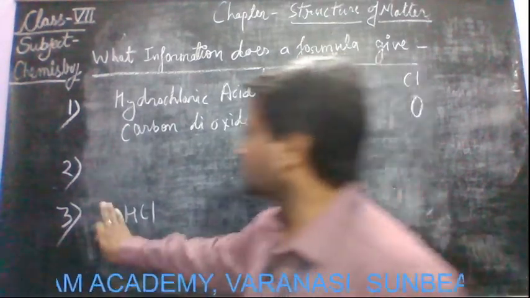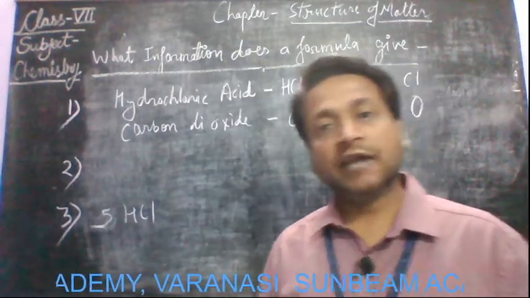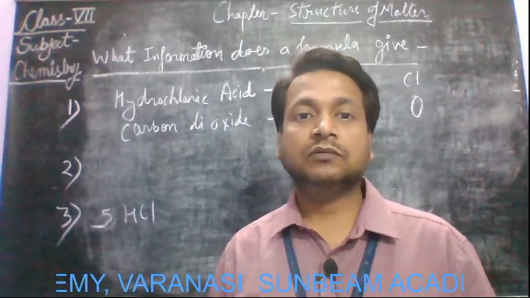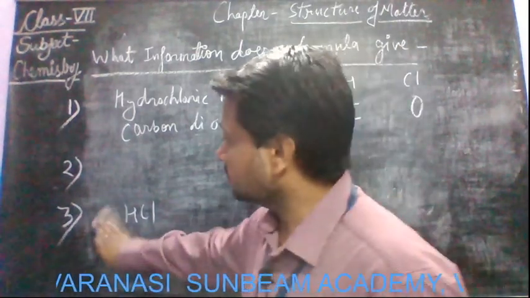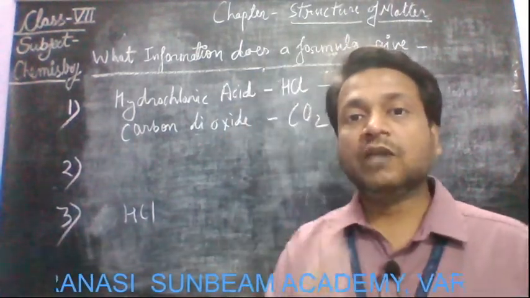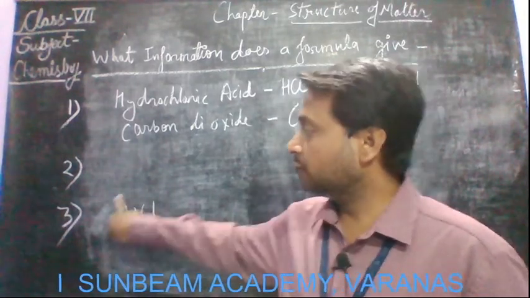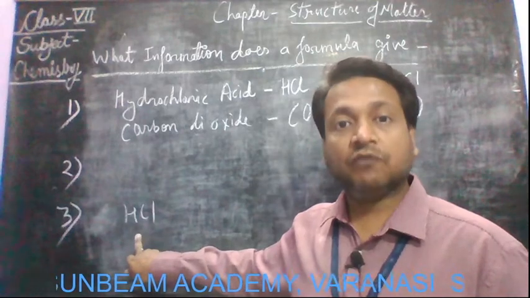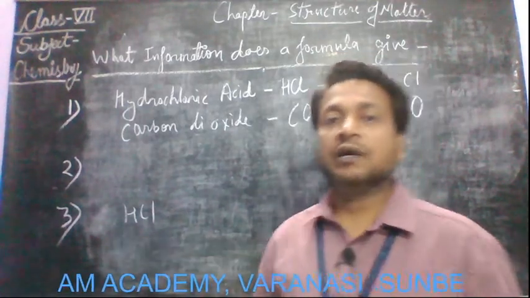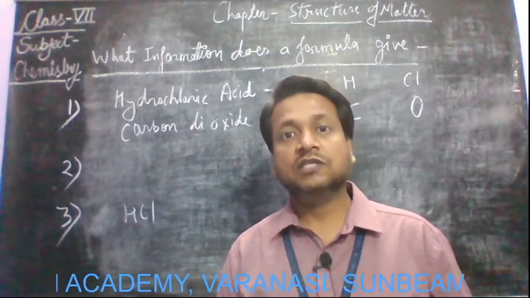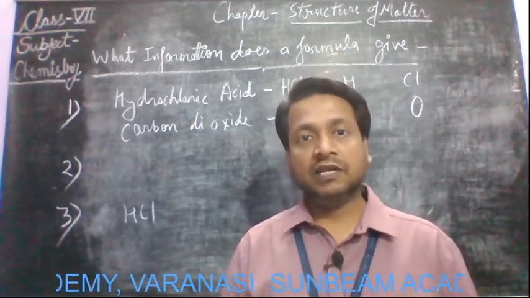If I write here 5, this will indicate 5 molecules of hydrochloric acid. And if nothing is written here, this will indicate one molecule of hydrochloric acid. So the formula of a particular compound also informs us of the number of molecules of that compound. So these are the three informations provided by the formula of any compound.